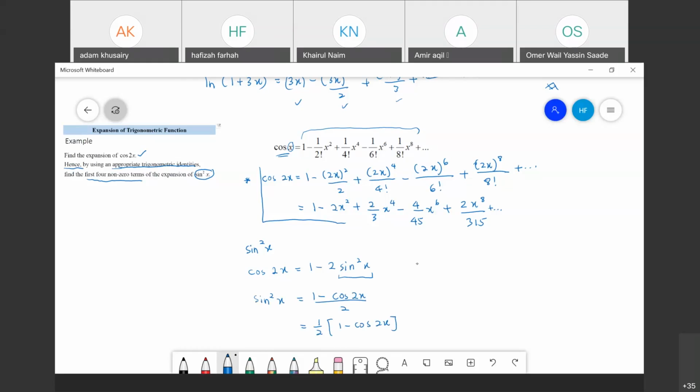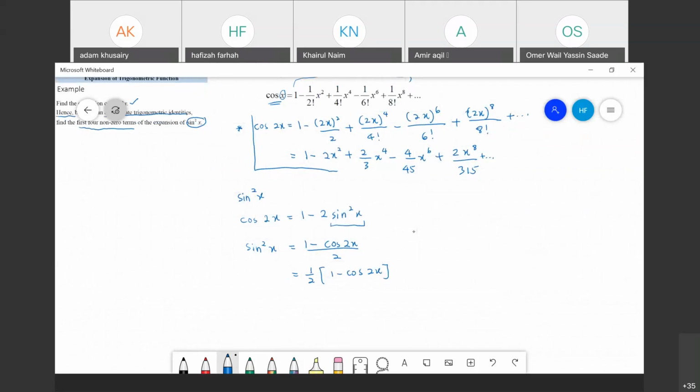So from here, we already solved the cos 2x. We get the expansion of this. So just substitute into this cos 2x. So we have 1 minus 2x squared plus, this first 4, so we have 1, 2, 3, minus 4x to the power of 6 over 45.